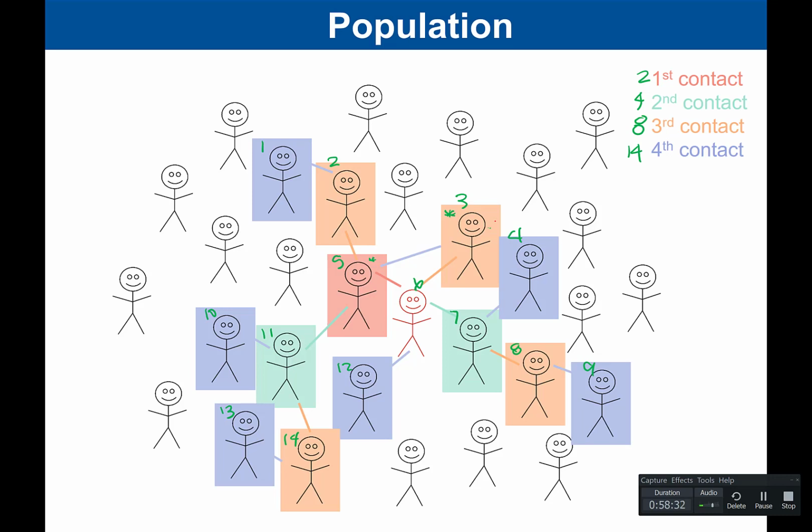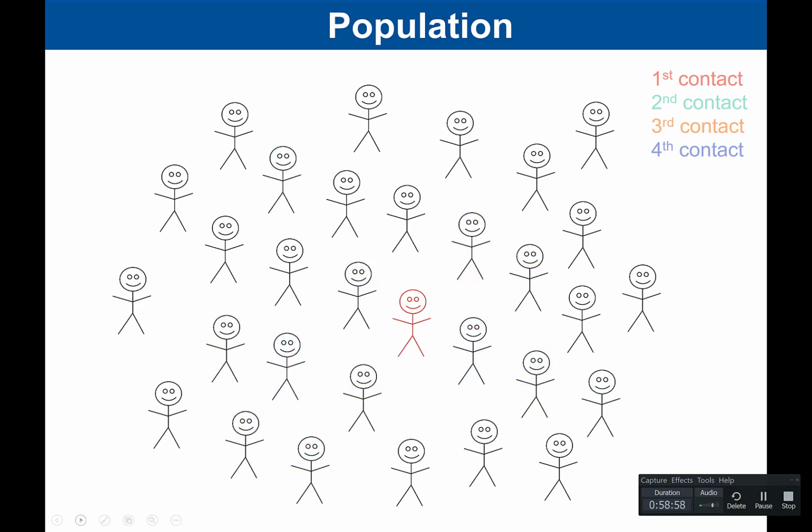And when they both already had it, that did not result in a new case. So this is, again, just to show you that if 2 infected individuals make contact, that does not result in a new case, and our expected is not going to match our actual. Our actual number of infected individuals is less than what we would expect.